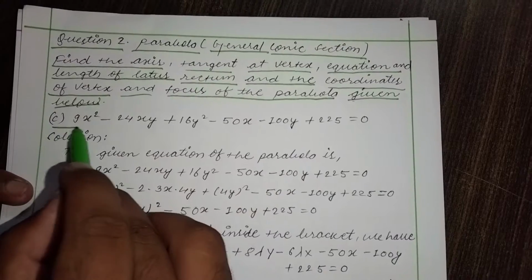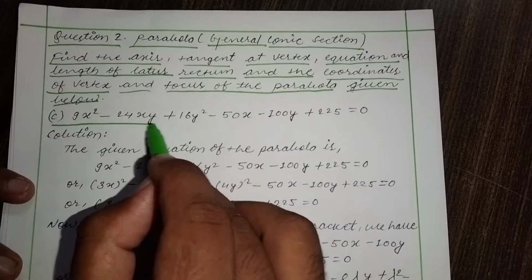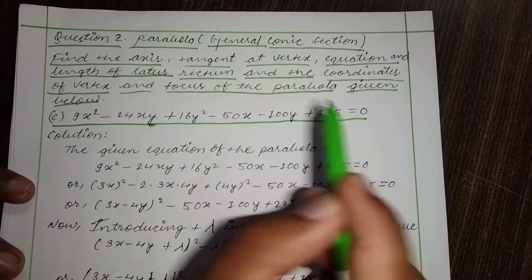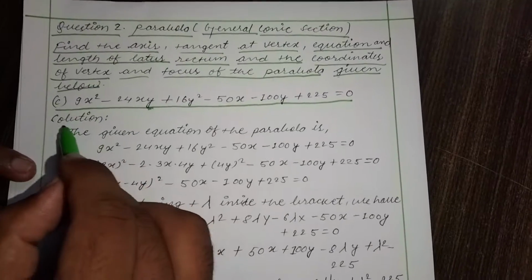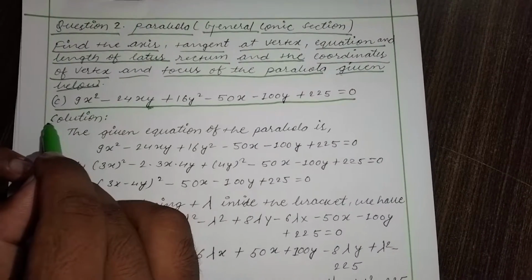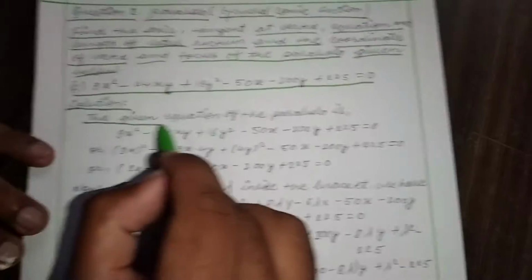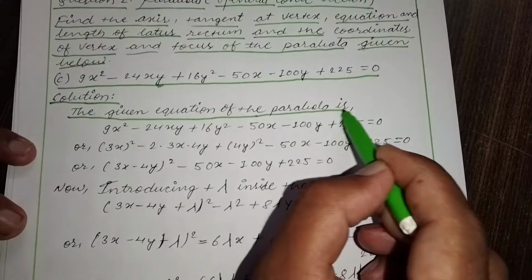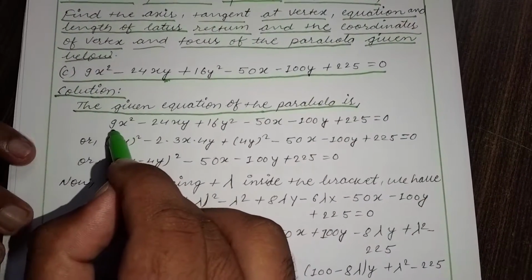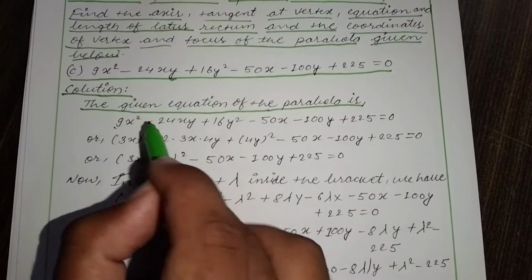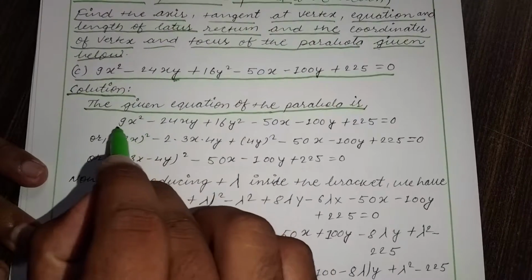And this is our equation according to our question. Now we are moving further towards our process. Now going through the solution. The given equation of the parabola is already given in the question.